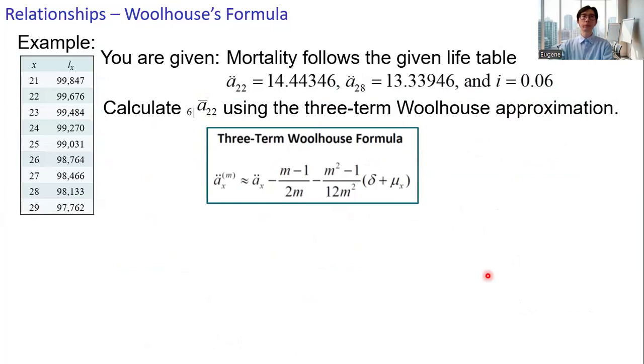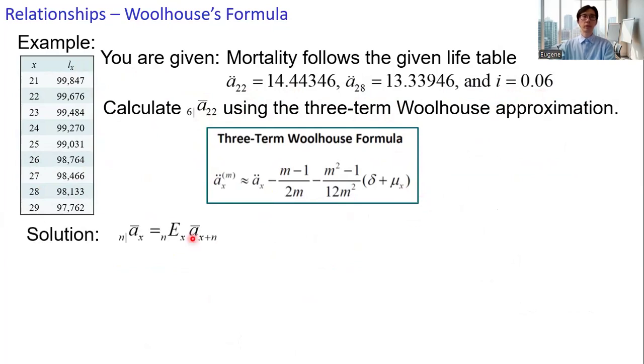Another example, given the following life table, and you're given the value for A22, A28, and the interest rate is 6%. Calculate the 6-year deferred continuous annuity at age 22 using the three-term Woolhouse approximation.